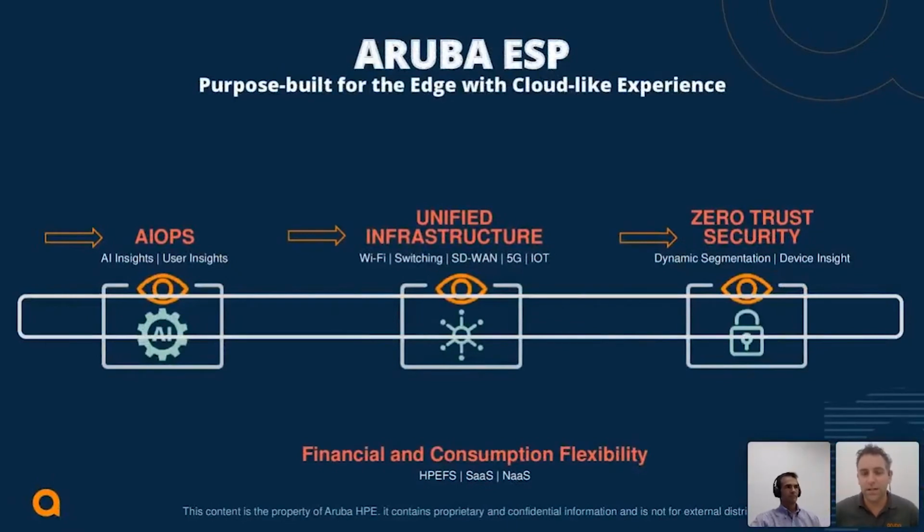For anyone that didn't hear the announcement, 2 weeks ago we had our worldwide digital conference that we hosted online. What we announced was Aruba ESP. Aruba ESP has been a couple of years in the pipeline.